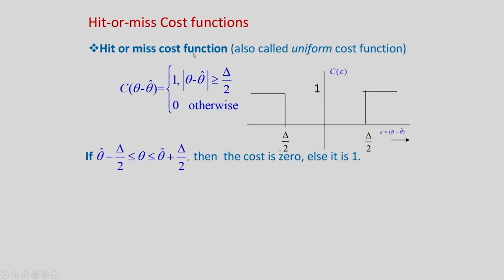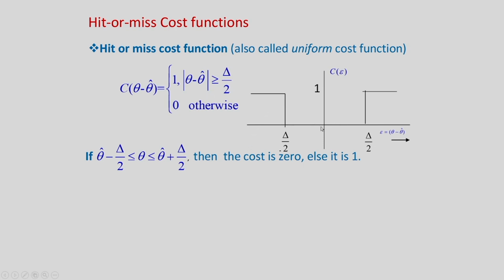Hit or miss cost function, also known as uniform cost function, is given by C of theta minus theta hat equal to 1 if the absolute value of theta minus theta hat is greater than or equal to delta by 2, and 0 otherwise. So, this is the plot of the hit or miss cost function.